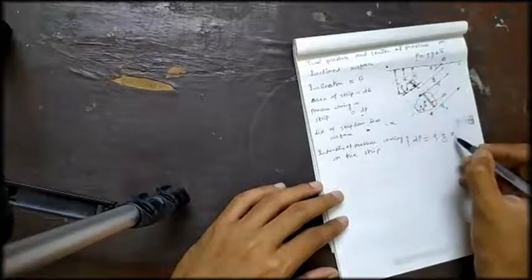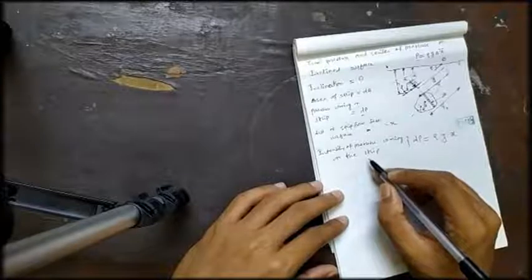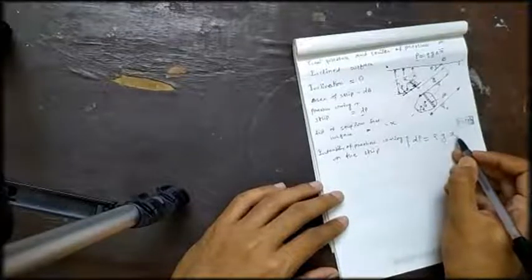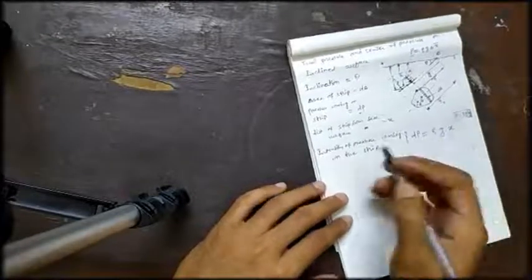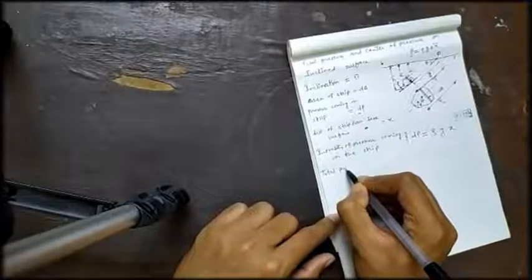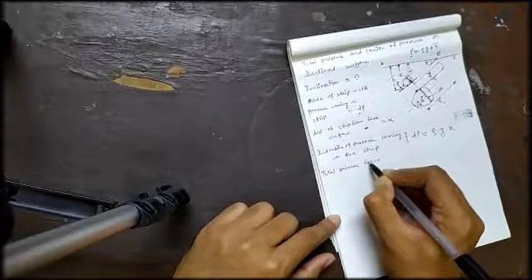So that's why the intensity of pressure on the strip, dP, is equal to rho into g into x. So this is our intensity of pressure. Now we will find out the total pressure force on the strip.